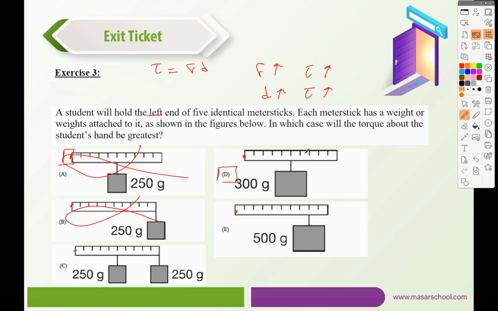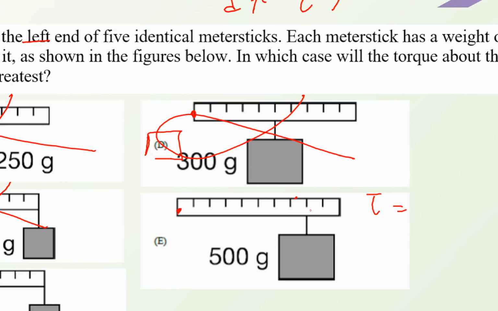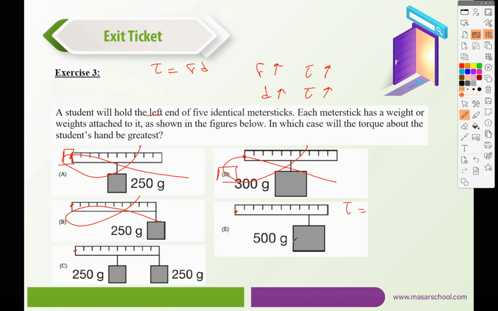Now we can eliminate D directly because, compared to D, in E the 500 grams is located at a greater distance and has a greater mass. So it's left then to calculate the torque produced by configuration E and configuration C. For configuration E, I will ignore the minus sign, although they are producing torque in the negative direction, since we're only interested in values. The mass here is 500 grams, which is 0.5 kg, and that would exert a force of 5 newtons.